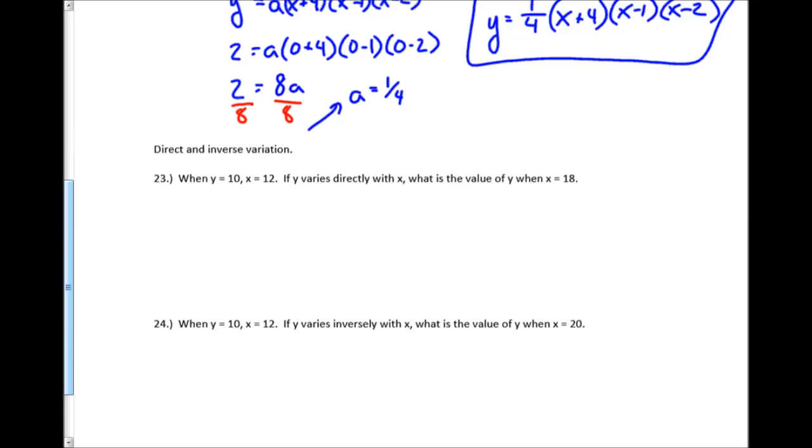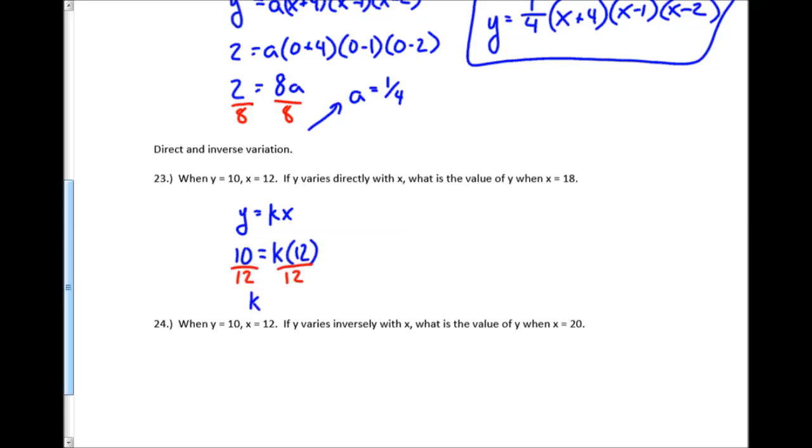If I look at the next one, it says direct and inverse variation here. So this first one, it says when y equals 10, x equals 12, if y varies directly. And direct variation, remember, is this guy, y equals k times x. And it's telling me that when y equals 10, x equals 12. And so what I'm going to do is essentially solve for k. I need that k value.